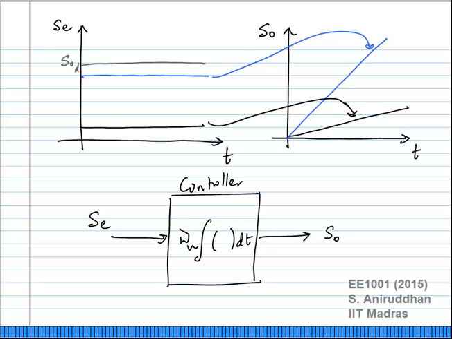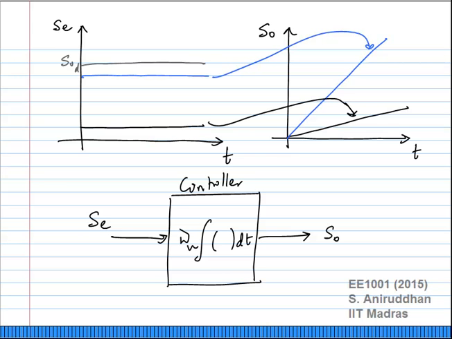It takes this error, integrates it and drives the output, and there is some constant of proportionality omega u, which we will not worry about in this course. You will study it in future courses. Right now we'll assume it is there only for making sure that the dimensions are okay.